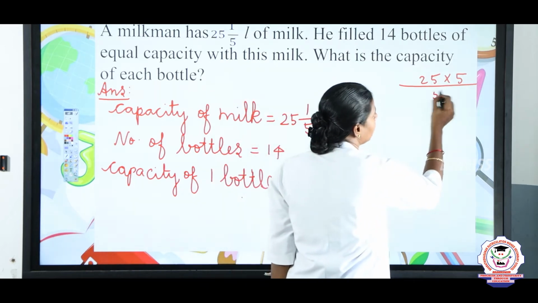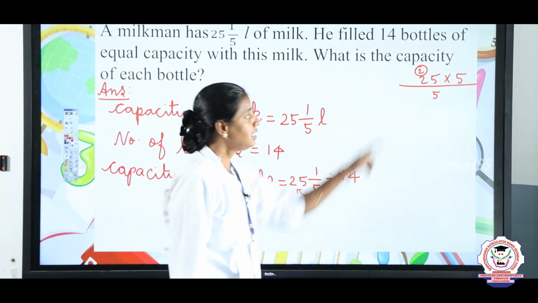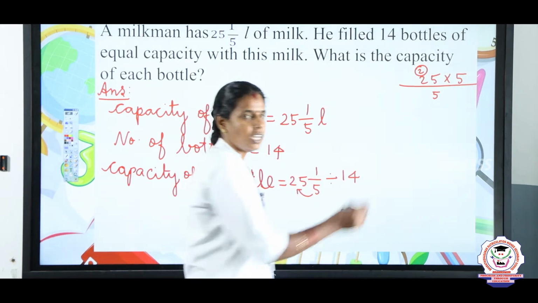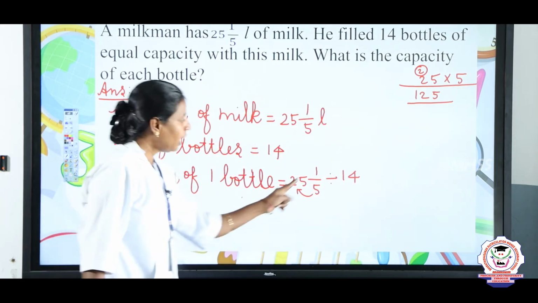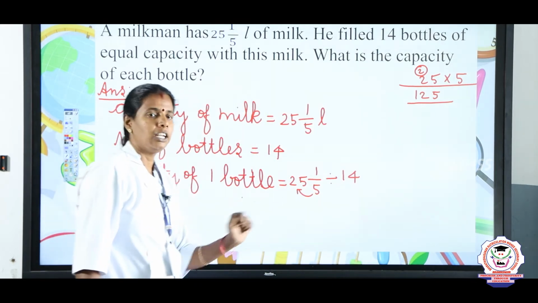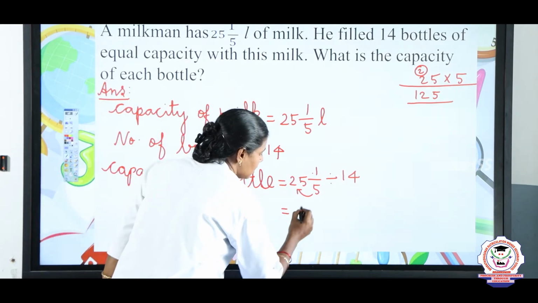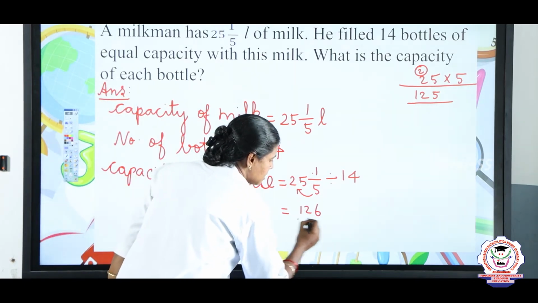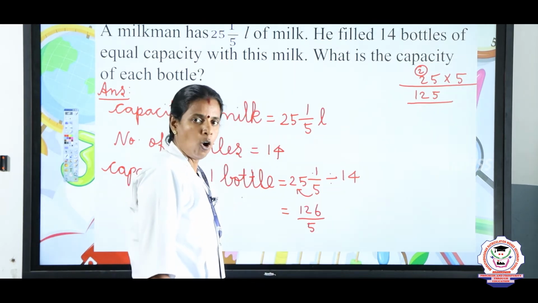So, 5 remaining is 2. 5 2s are 10. 10 plus 2 is 12. Very good. 125. So, 125 plus the numerator 1 is 126 by 5.